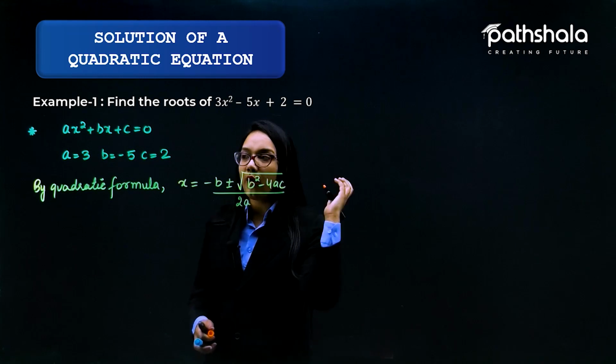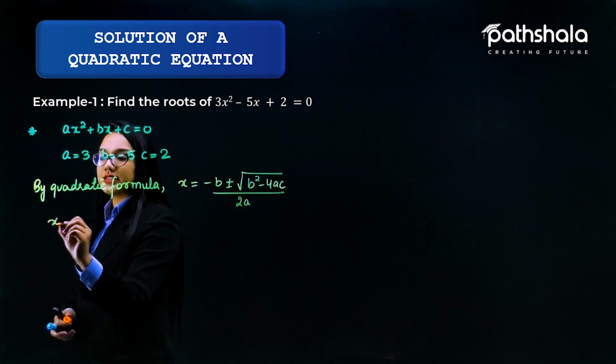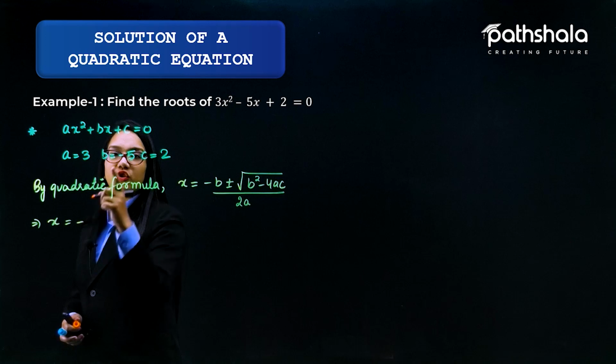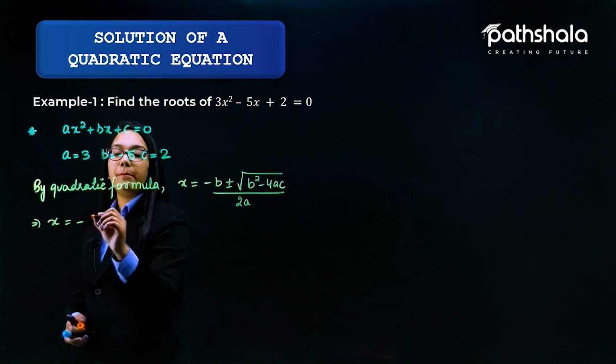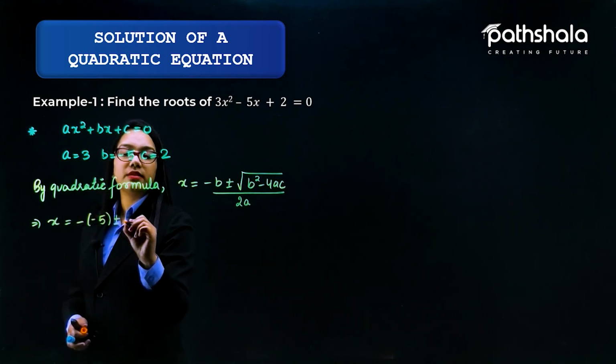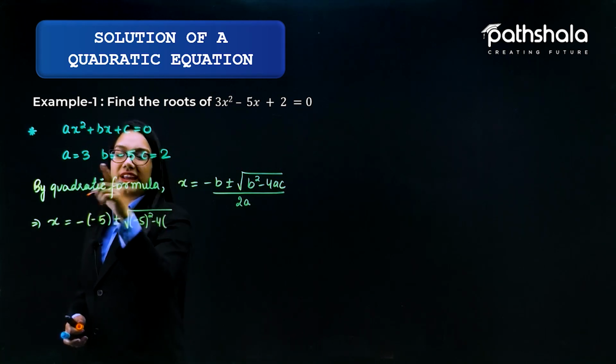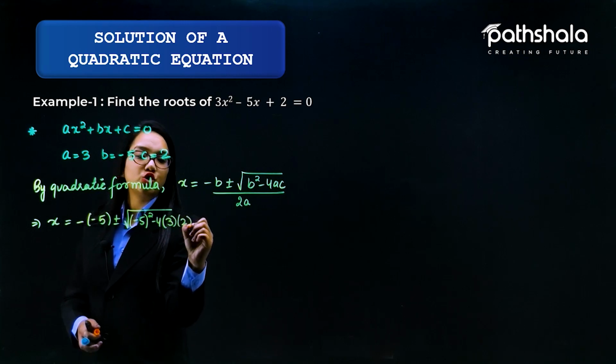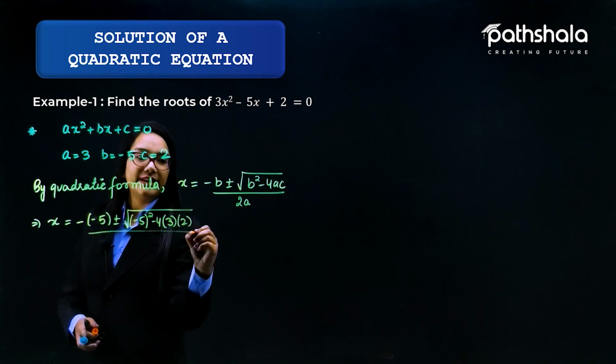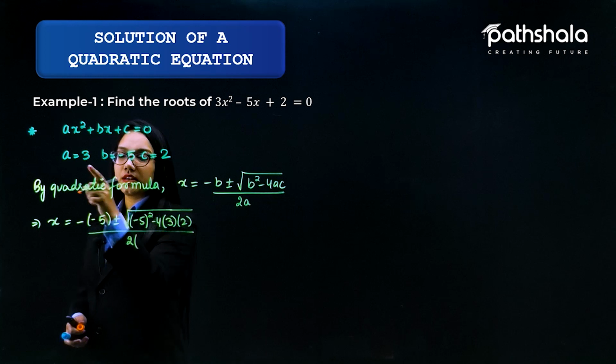Now let's plug in all the values. So x is equal to minus of b, the value of b is minus 5, plus minus square root of minus 5 whole square minus 4, the value of a is 3, the value of c is 2, within the square root, divided by 2a. The value of a is 3.